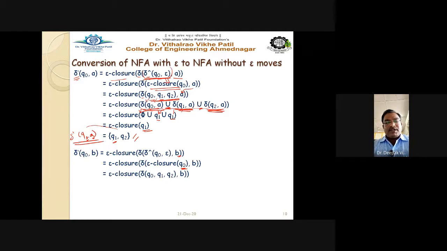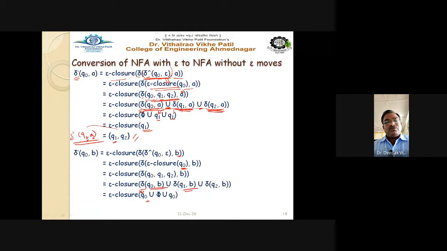All the three transitions will be there, q0 q1 q2 states, and input is b. So see here, e closure of delta q0 comma b union delta q1 comma b union delta q2 comma b. So for q0 comma b, the next state is q0.